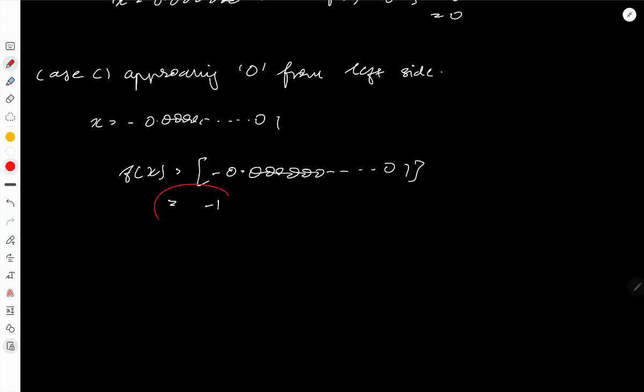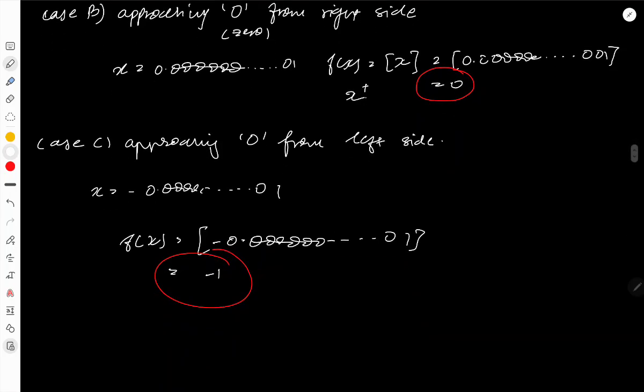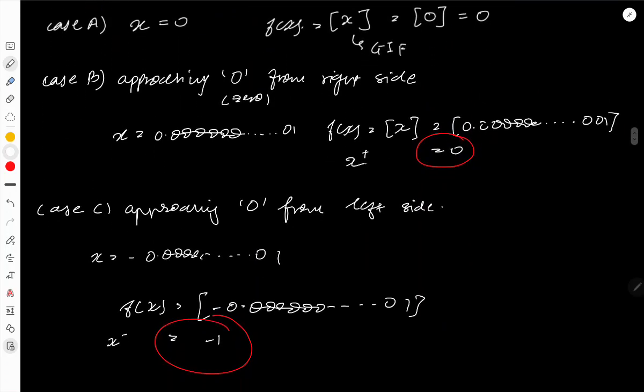So now there are two values. If we approach x from the positive side, RHL, and x from the negative side, LHL, there are two values.